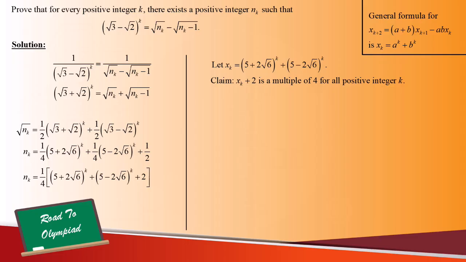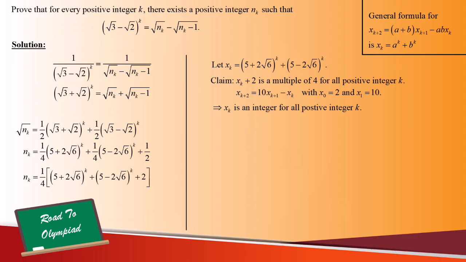So we know that our x_k satisfies the recurrence relation x_{k+2} = 10x_{k+1} − x_k, with x_0 = 2 and x_1 = 10. It is not difficult to conclude from the recurrence relation, by using induction, that each of the x_k must be an integer for all positive integers k.